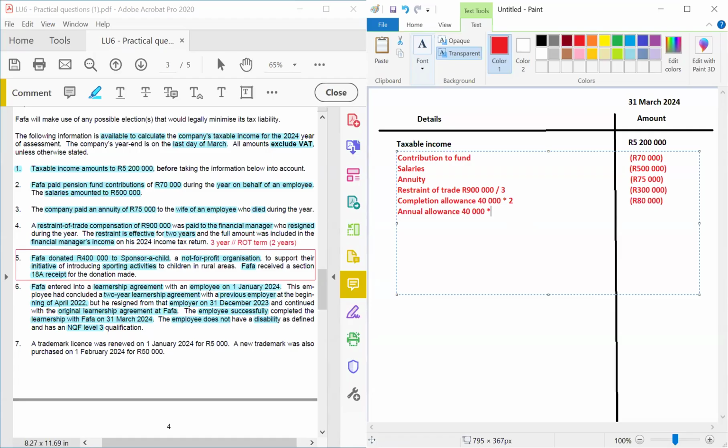So it is only fair for me to multiply by 3 over 12. And what does that give me? Let's calculate. That gives me 10,000.